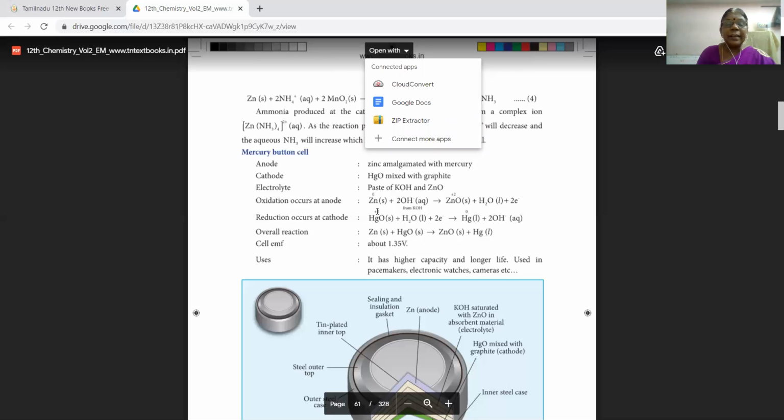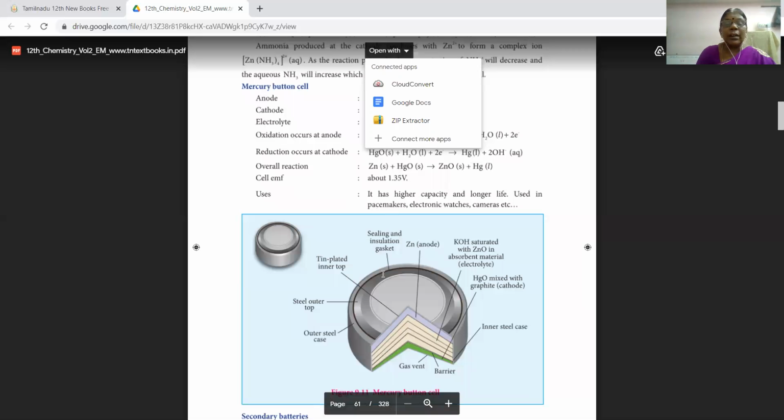So the overall reaction is Zn solid and HgO gives ZnO and Hg liquid. The cell EMF is about 1.35 volts. Uses: it has a higher capacity and longer life, used in pacemakers, electronic watches and cameras.